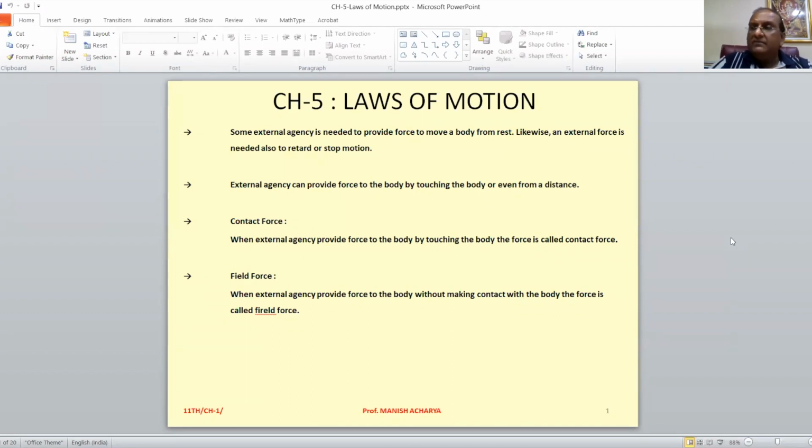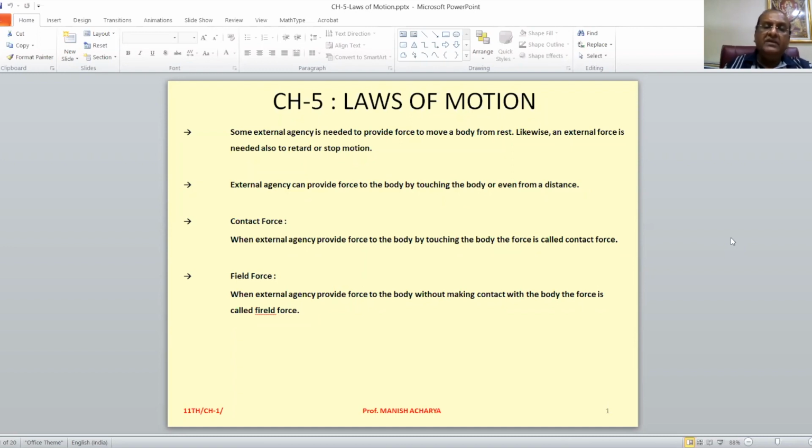Say, for example, a book is lying on the table and you want to move it. Then you have to exert force, but you have to touch the book. Without touching it, you can't do it, right? So when the external agency provides the force to the body by touching it, by establishing contact with the body, then it is called contact force.